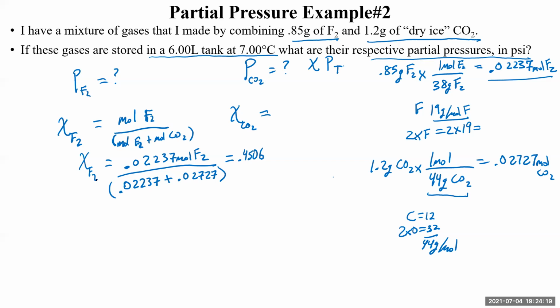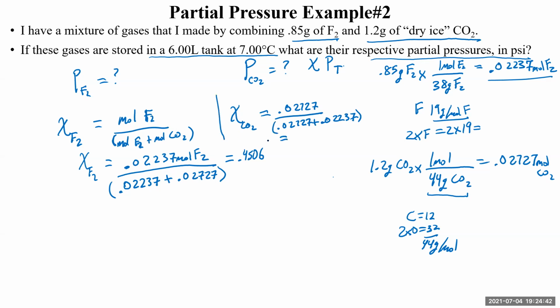Then I do the same kind of calculation for carbon dioxide. This time it's going to be 0.02727 divided by 0.02727 plus 0.02237. No percentage, right? I'm not trying to put a percentage here.